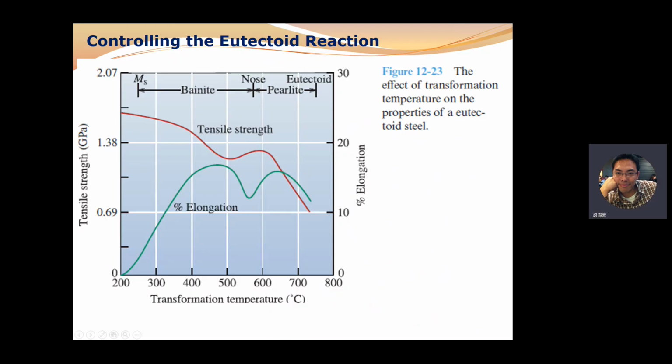Okay, so let's look at the mechanical property and the ductility corresponding to the transformation temperature. That's correlated to delta T, right?